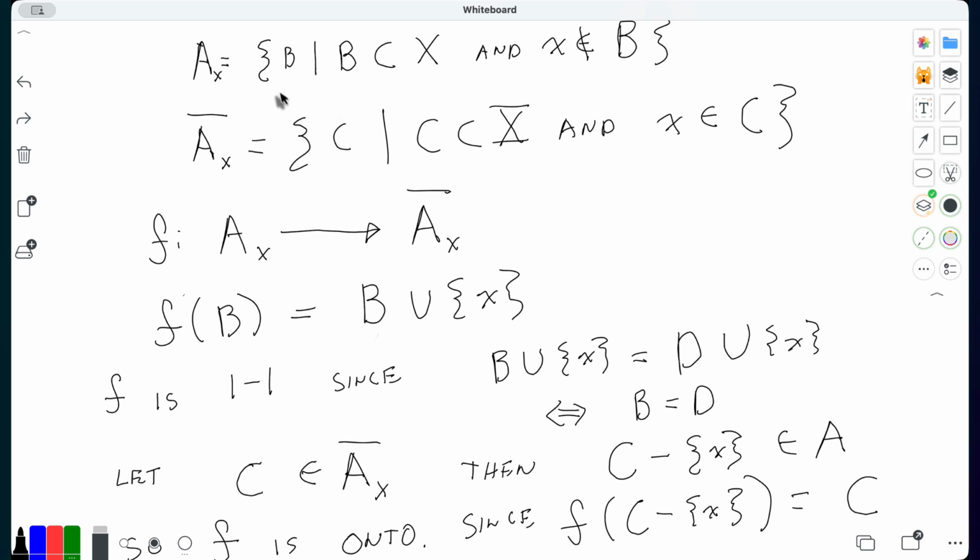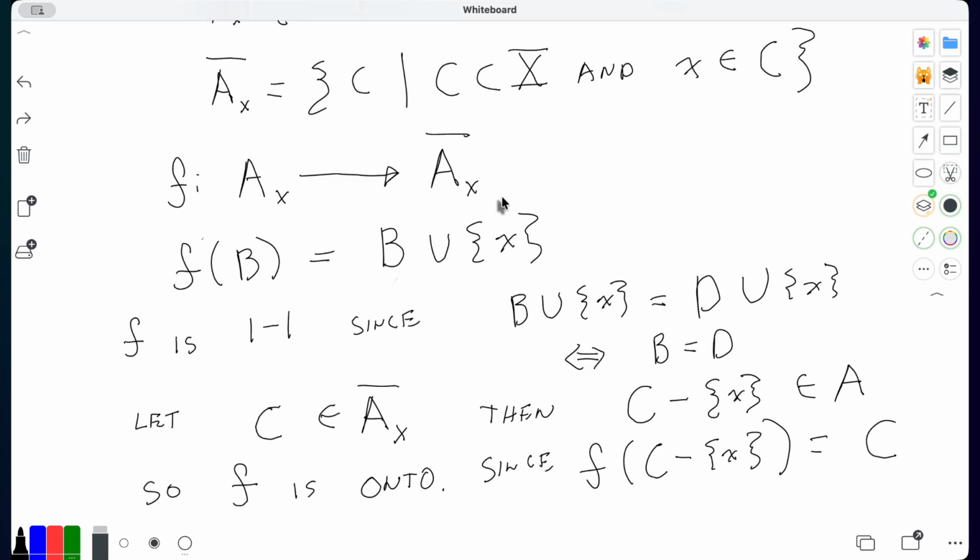I want to prove that A sub x, the set of all subsets B of X where x is not an element of B, and its complement, the set of all sets C such that C is a subset of X and x is an element of C, are the same size.